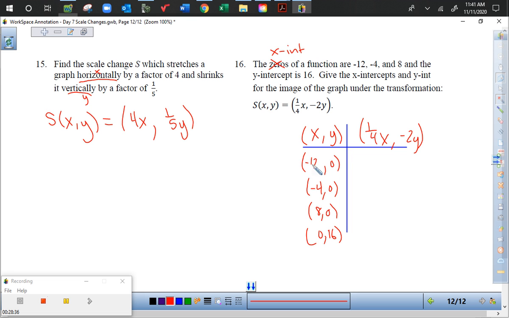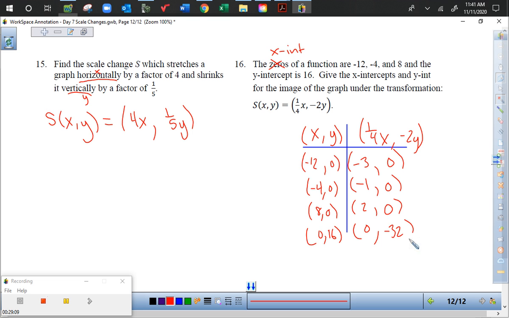But now that we have those, we just have to plug them in the rule. All the x's multiplied by 1/4. So -3, -1, 2, 0. And then our y values all get multiplied by a -2. So 0, 0, 0, -32.